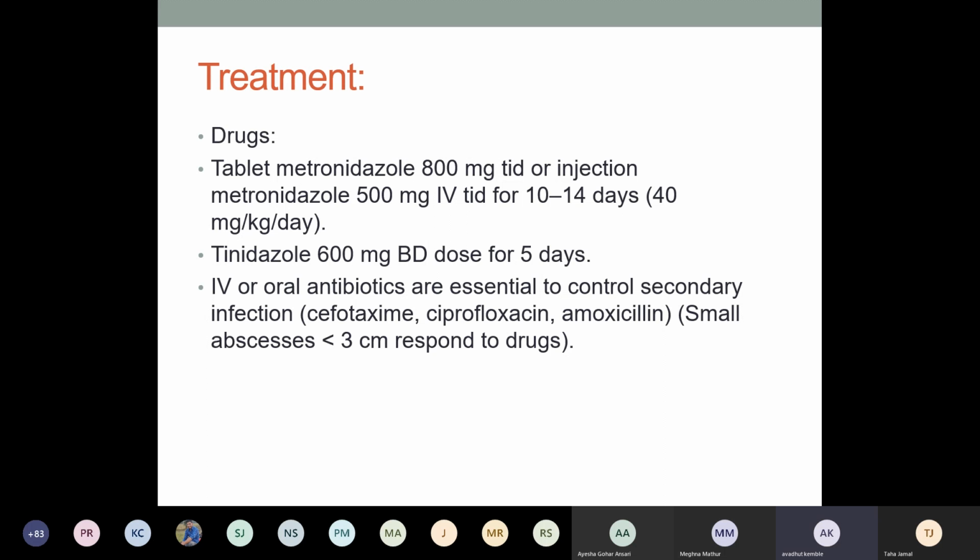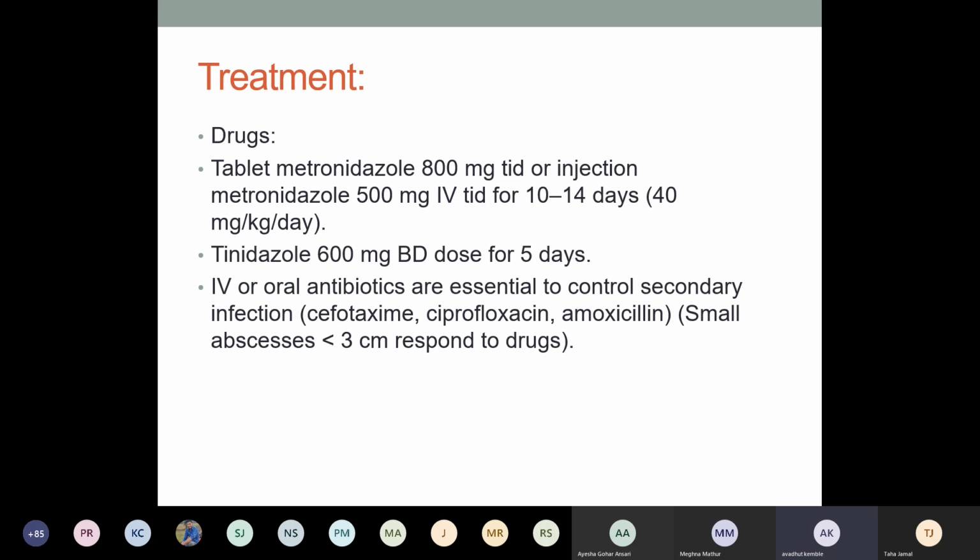The treatment: metronidazole is the drug of choice, 100 milligrams given 8 hourly orally. If the patient is not going to tolerate oral metronidazole, injection metronidazole 500 milligrams intravenously can be given for 10 to 14 days. And the basic dose of metronidazole is 40 milligrams per kg body weight per day.